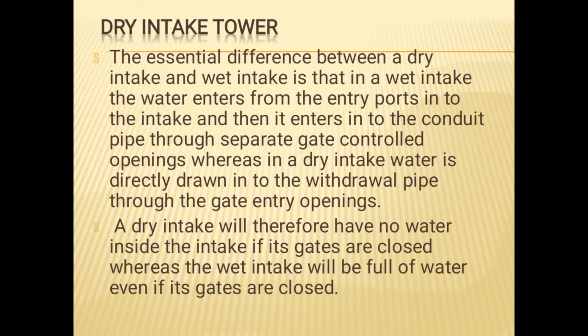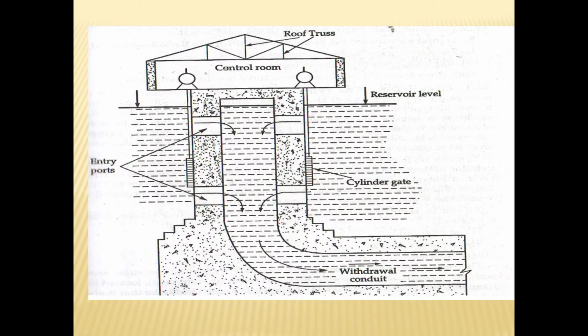A dry intake will therefore have no water inside if its gates are closed, whereas a wet intake will be full of water even if its gates are closed. That is the main difference between dry intake and wet intake towers. Here, in this type of intake, water enters directly into the withdrawal conduits. This is a dry intake tower.